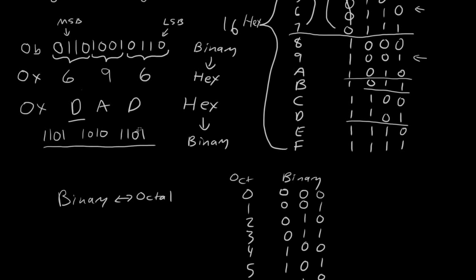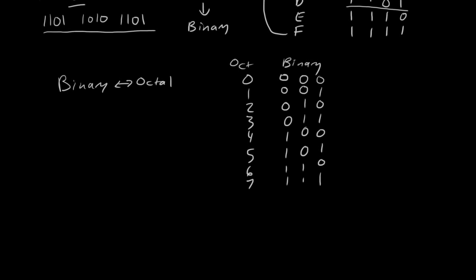Oh, well, it's not working. Never mind, I'll just write the number down. Shouldn't be lazy. Let's copy that number down the old-fashioned way. So I have 1101, 1010, 1101. This is dad, by the way, in hex.